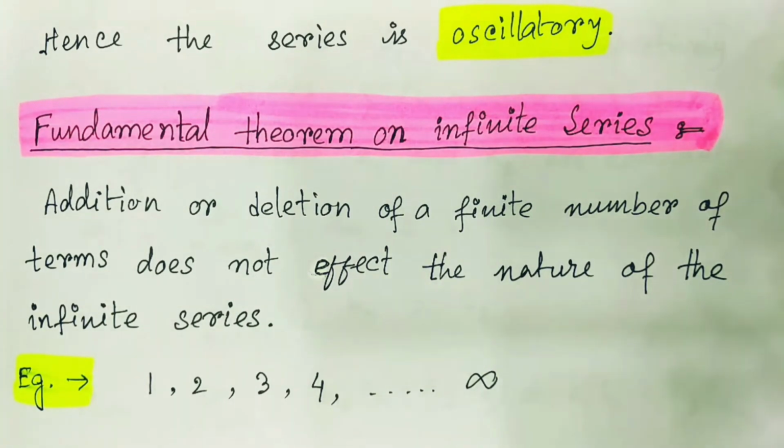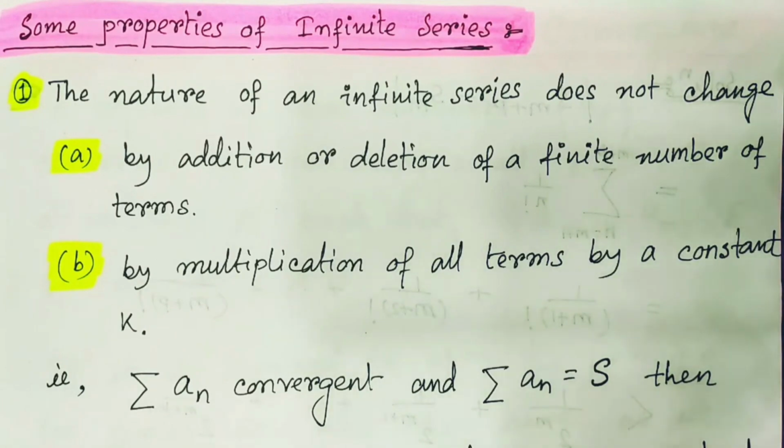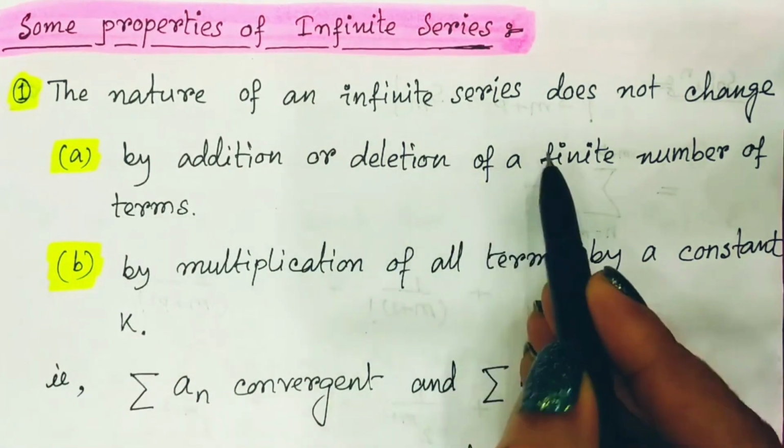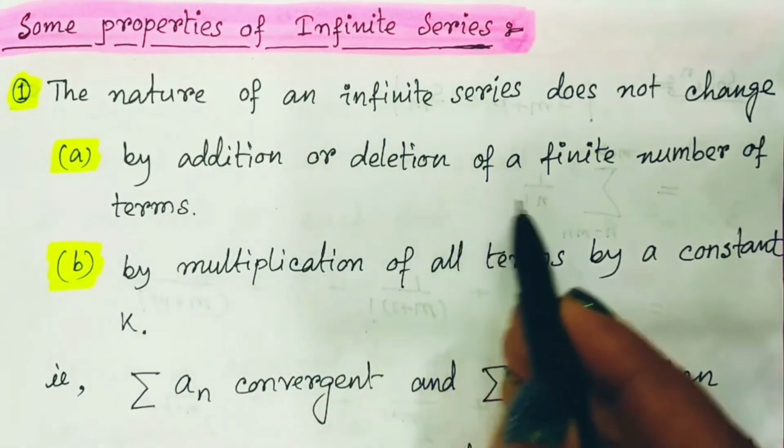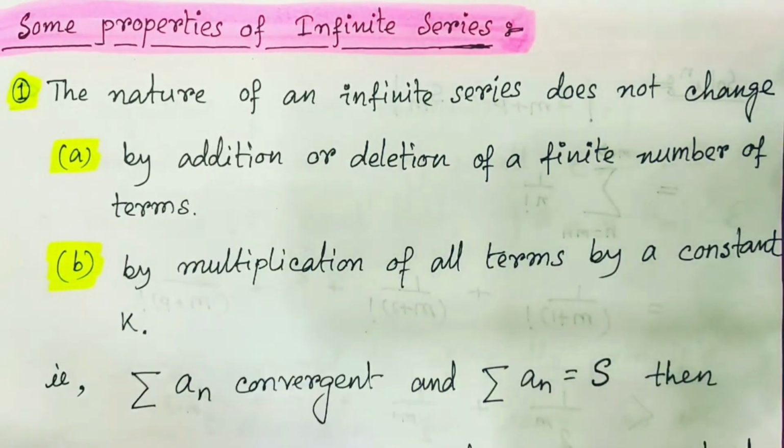That is the fundamental theorem of infinite series. Now some properties of infinite series. The first property is that the nature of an infinite series does not change by addition or deletion of a finite number of terms, which we get from the fundamental theorem.